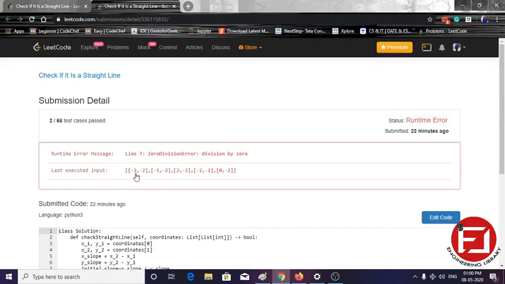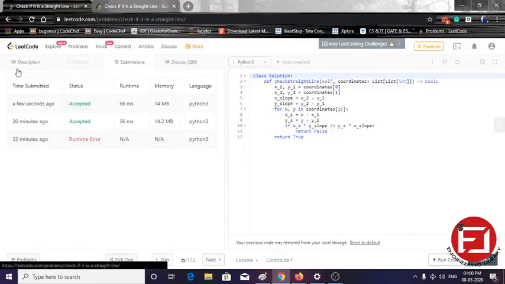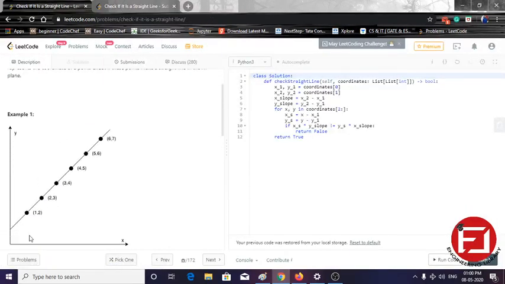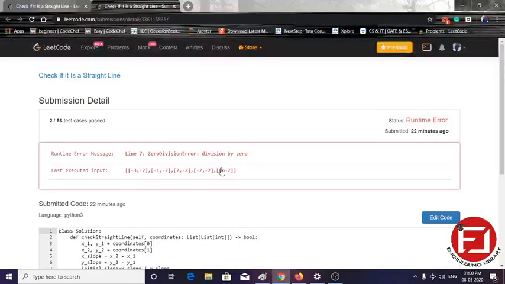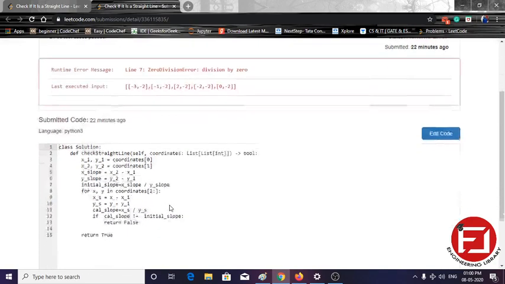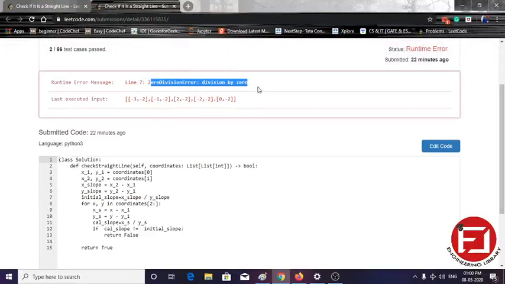What we are talking about is that if the coordinates start from the negative quadrant, meaning negative coordinates, then sometimes it will land up with a zero denominator in the slope. Here it is: minus 2 minus minus 2, so minus 2 plus 2 is 0, so the denominator will be 0. That's why in line 7 it is divided by 0. That's why we have modified the formula to this one.